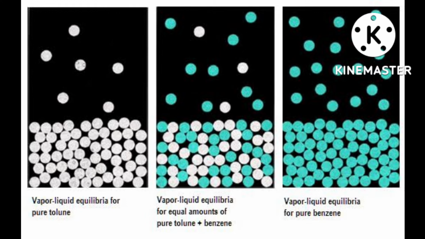This question is asked, that's why I am repeating. Boiling temperature at 1 atmospheric pressure is called the normal boiling point.